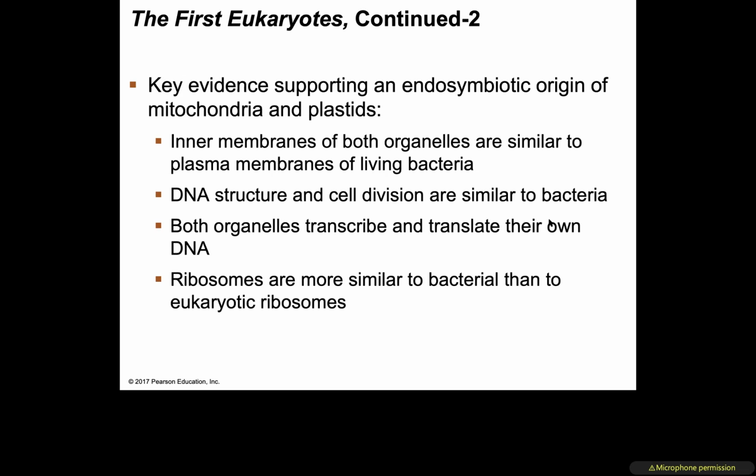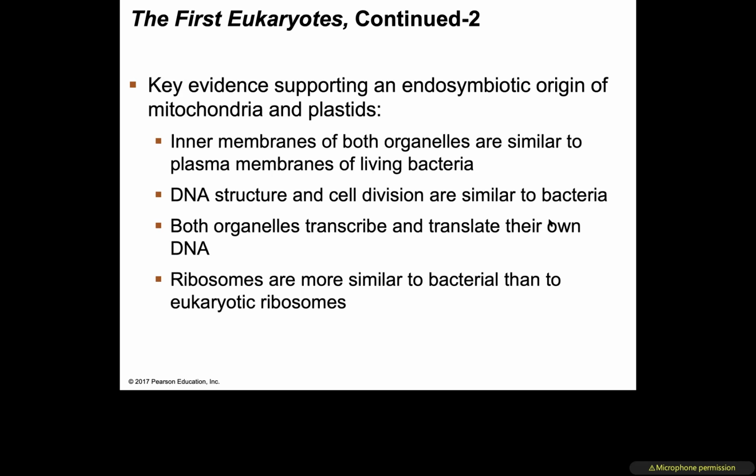You're also going to find DNA structure and cell division are similar to bacteria. So your mitochondria and your chloroplast have DNA, and they also undergo cell division almost identical to that of bacteria. Both organelles are going to transcribe and translate their own DNA.